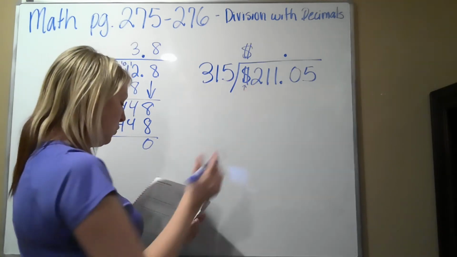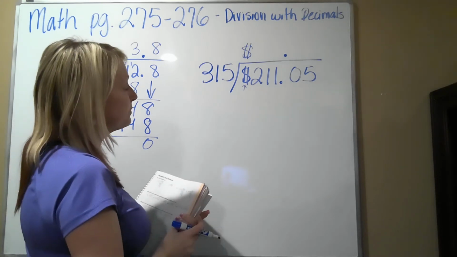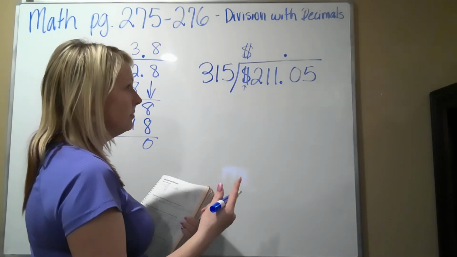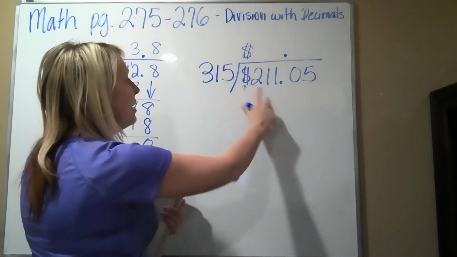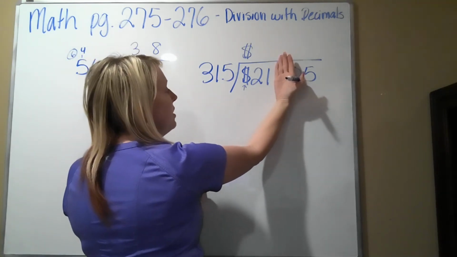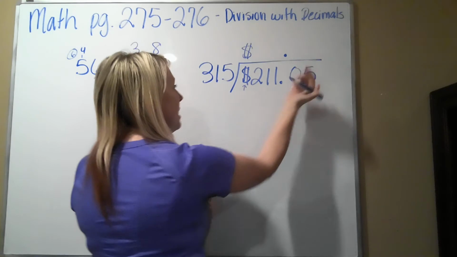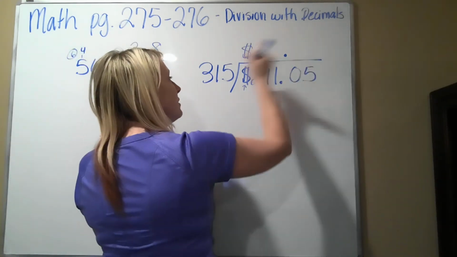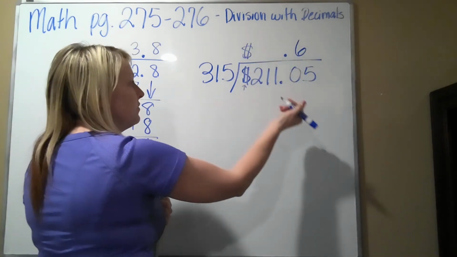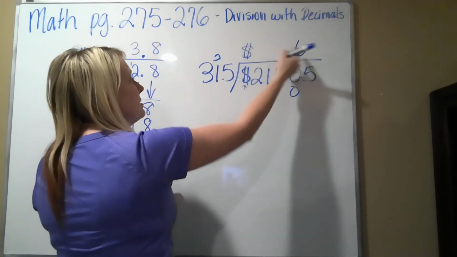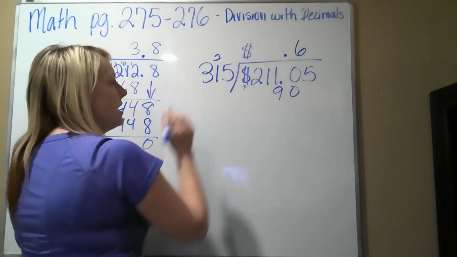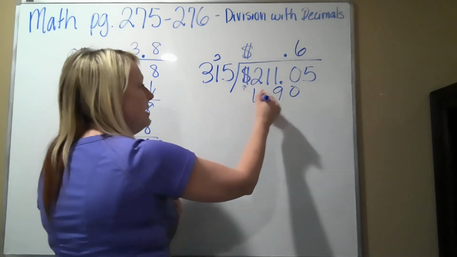3 goes into 21 6 times, which is 18, but 315 can't just go into 211, so we have to put it over the next number. So 3 goes into 21 6 times, right? 6 times 5 is 30. 6 times 1 is 6, plus 3 is 9, and 6 times 3 is 18.